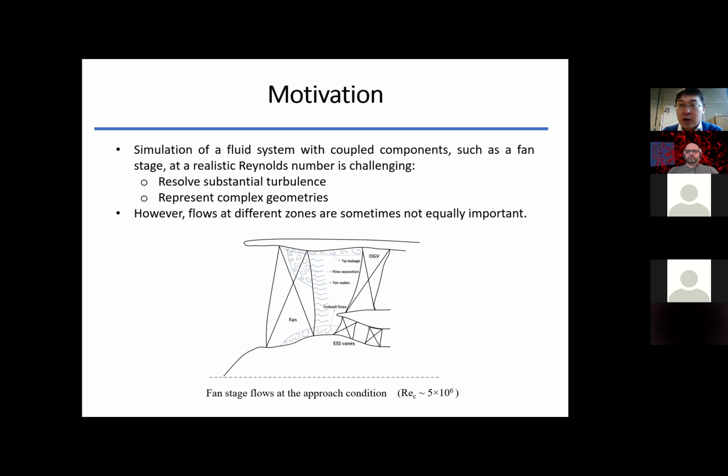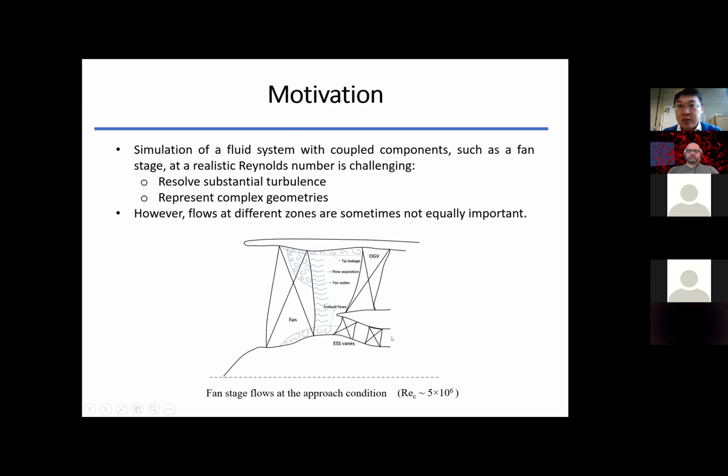Another difficulty comes from the complex geometry. As you see in the fan stage, we have the rotor and stator, especially for this bypass fan stage. You have 2 types of rotor, one sitting in the bypass and one sitting in the core duct, which leads to the core engine.